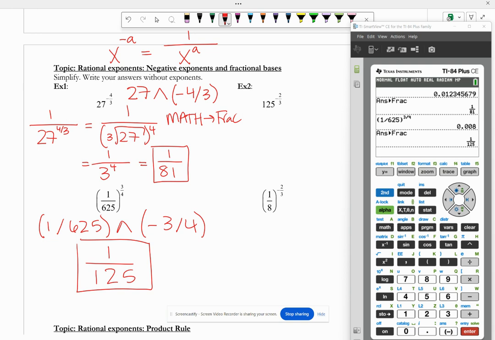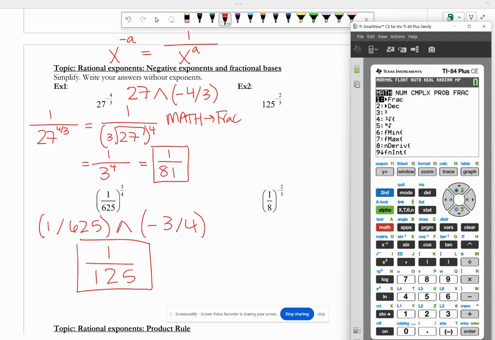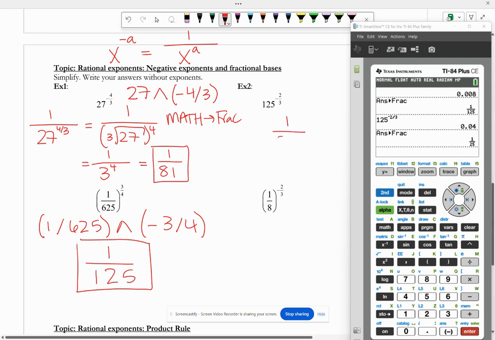So this next one, 125 to the negative 2/3. Going to use the calculator. Let's try it again. 125 to the negative 2/3. 0.04. And if I go math frac, 1 over 25. Last but not least, I have 1/8.